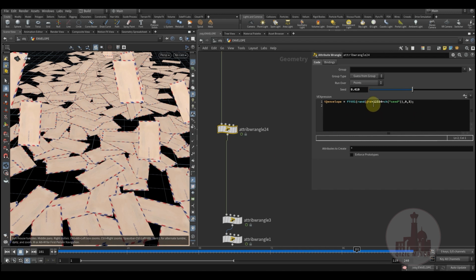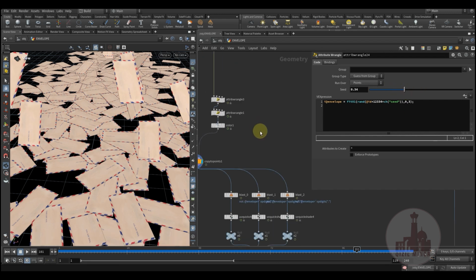Okay, so I'm using the ID attribute by randomizing it and fitting it from 0 to 3, and also I'm adding this seed value where I can play with that.